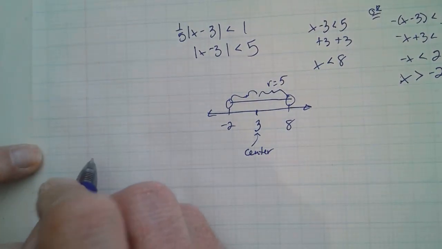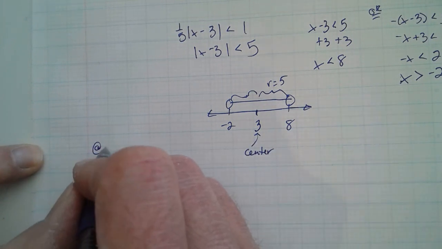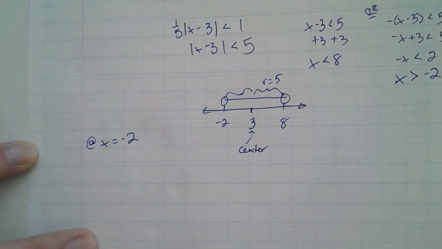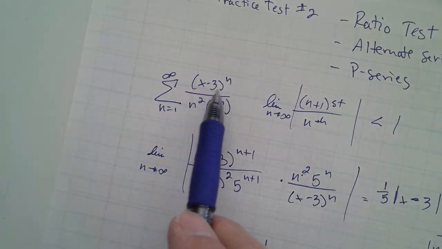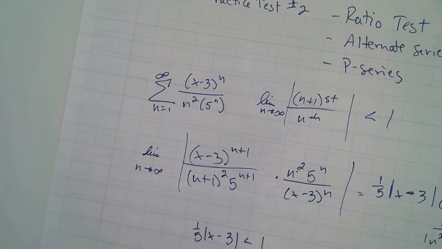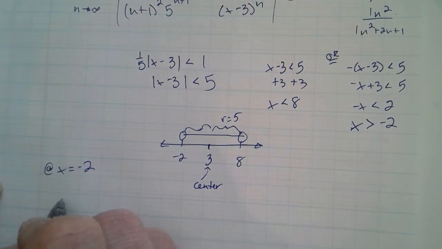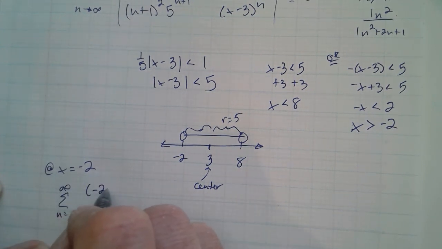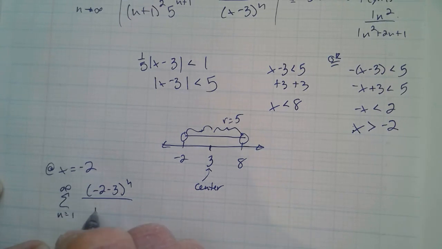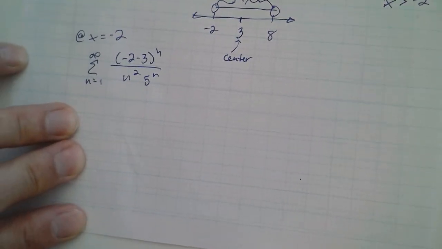So checking endpoints, at x equals -2, we'll see what happens. We're plugging -2 in for x. So it's (-2 minus 3) to the n over n squared times 5 to the n. Does that converge?